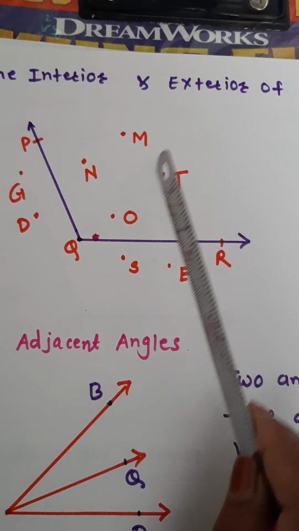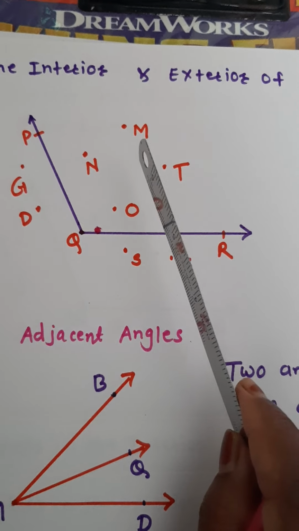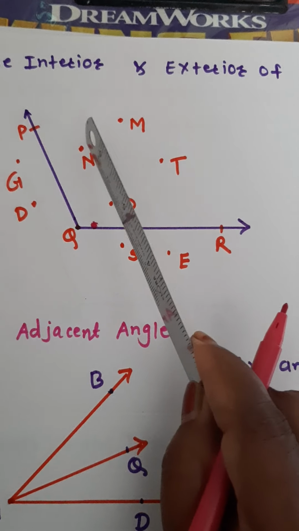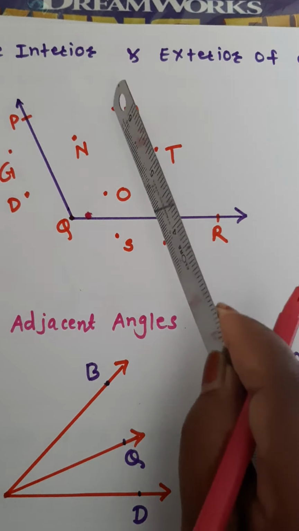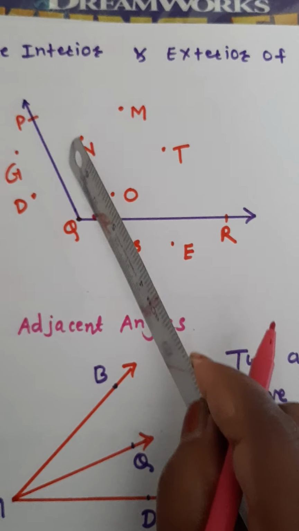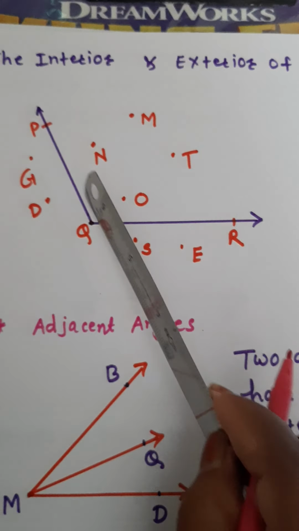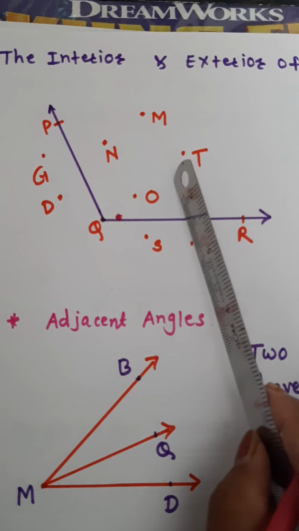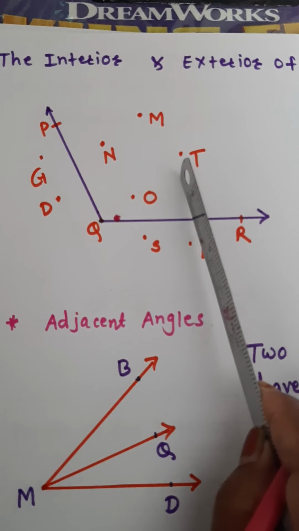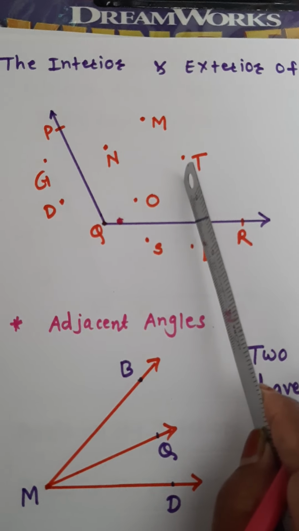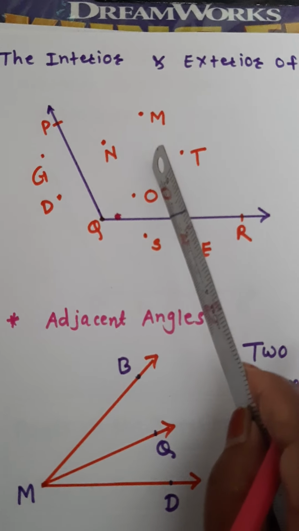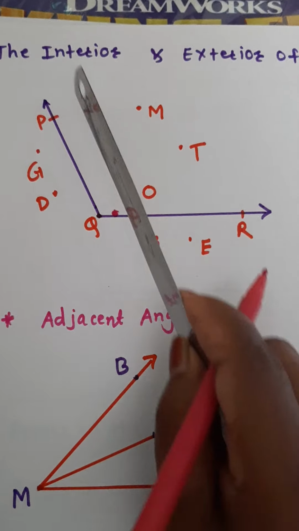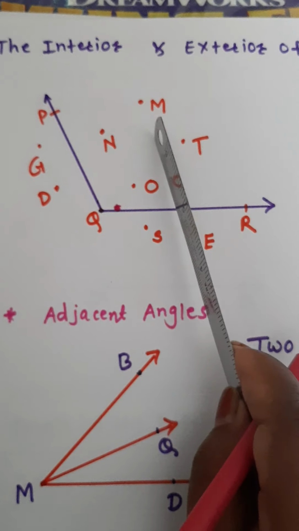Which points lie in the interior part of the angle? Point N, point O, point T and point M. These all points lie in the interior part of the angle.